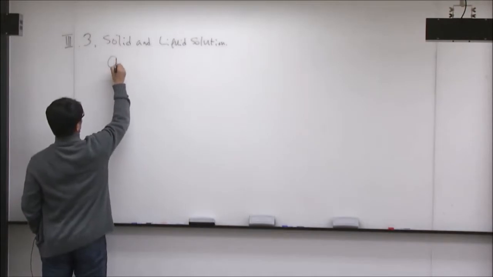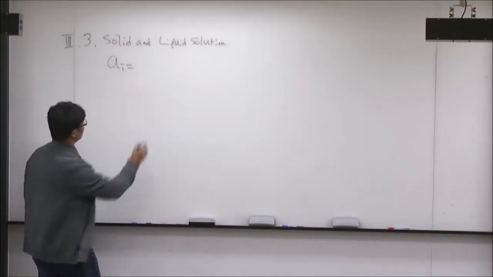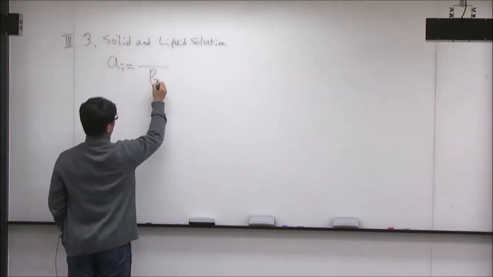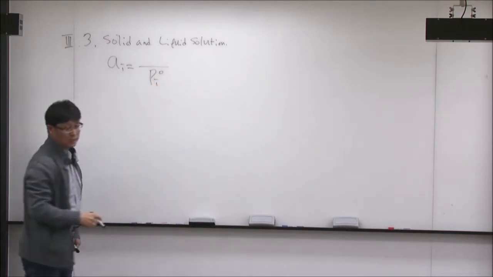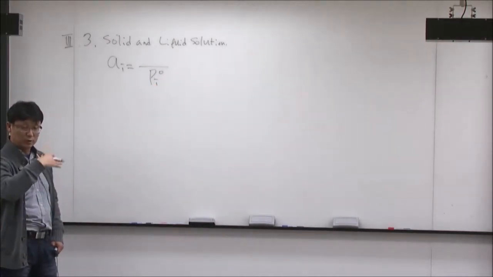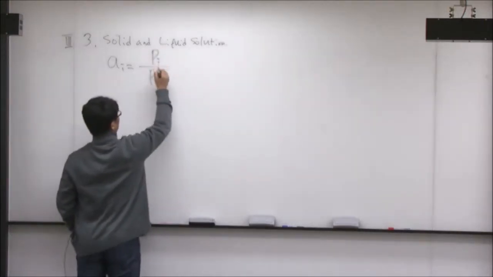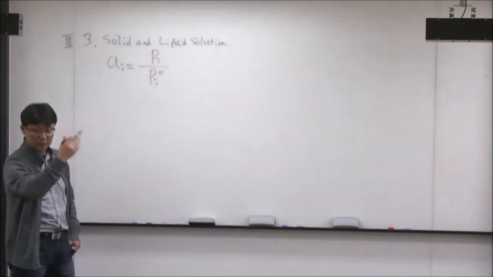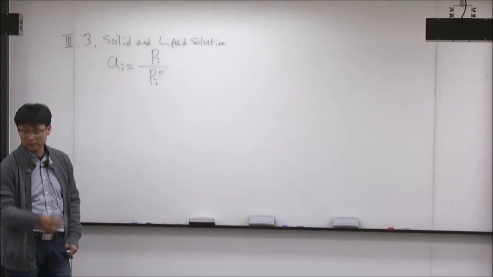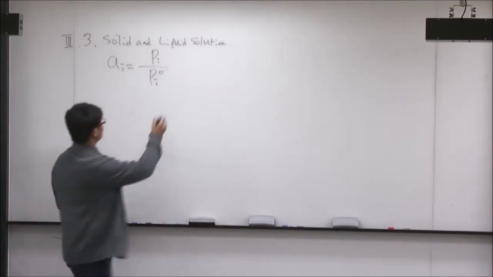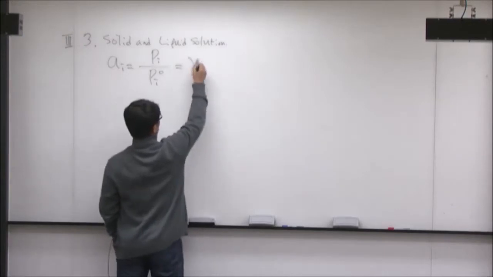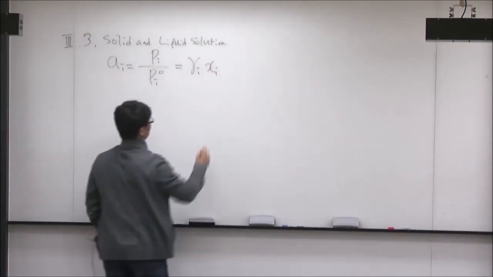Activity of I was defined as the partial pressure of I over the pure solid or liquid compared to the partial pressure of I developed over the solution phase. That was the definition. This one was expressed by the activity coefficient and the mole fraction.